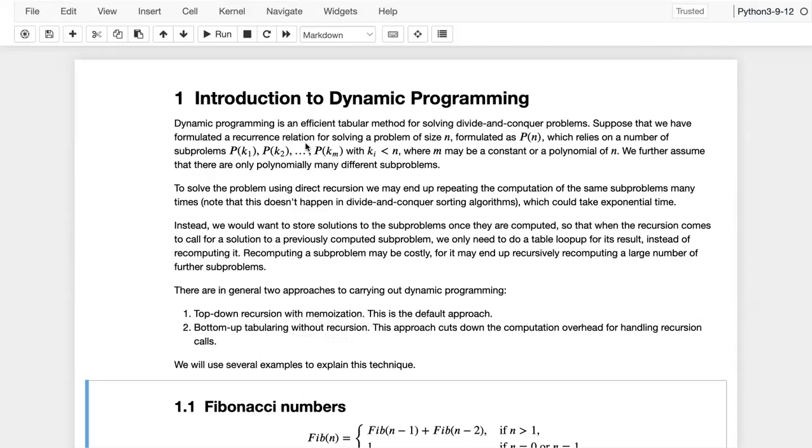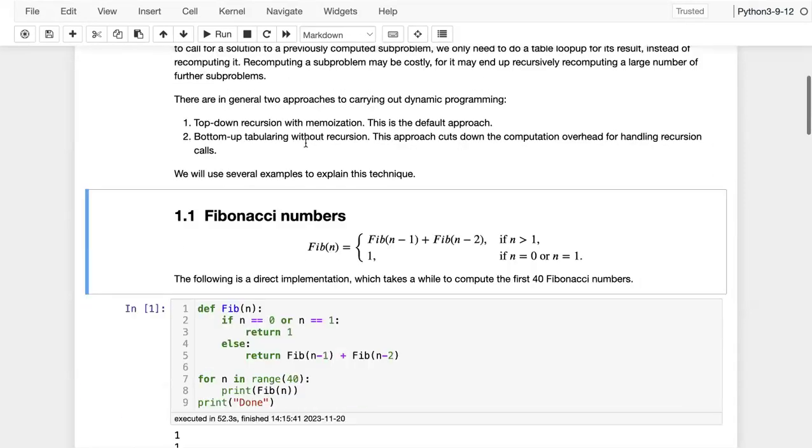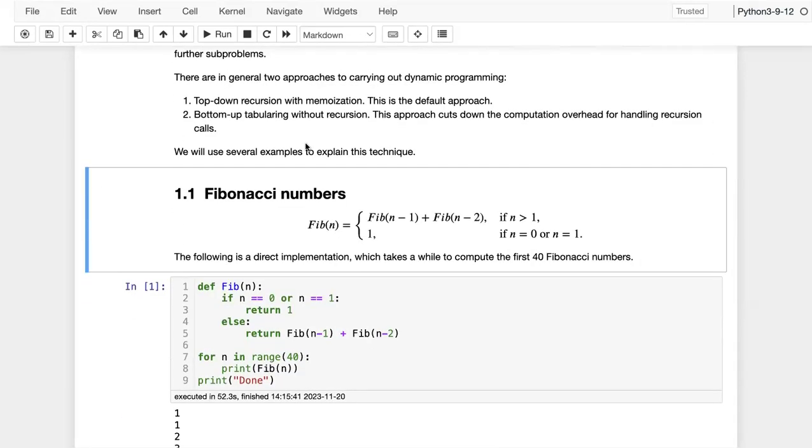The first example is computing Fibonacci numbers. So the Fibonacci numbers are the following series. We begin with 1. Let's say the index is from 0.